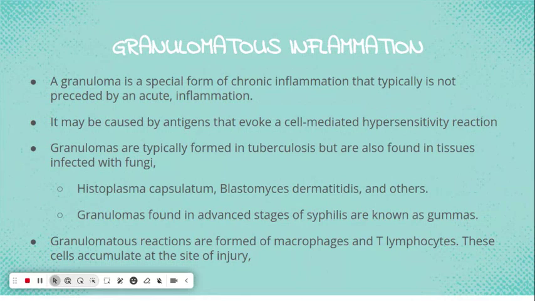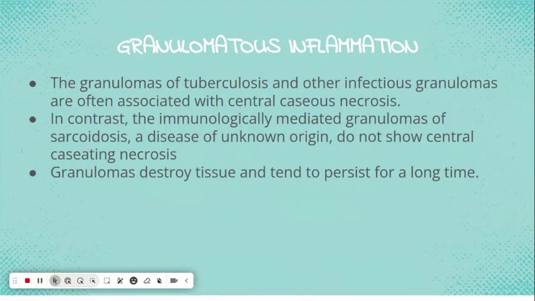Granulomatous reactions are formed of macrophages, T lymphocytes, and dead cell debris. These cells accumulate at the site of injury and typically encapsulate themselves in that area. The granulomas of tuberculosis and other infectious granulomas are often associated with central caseous necrosis.